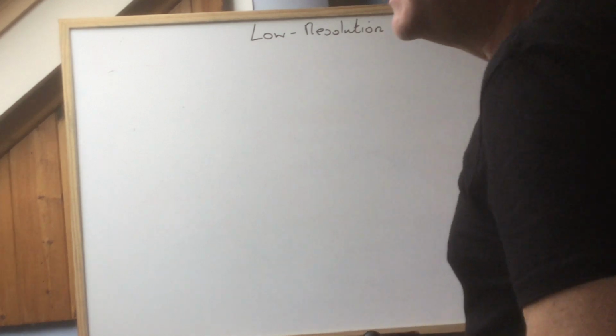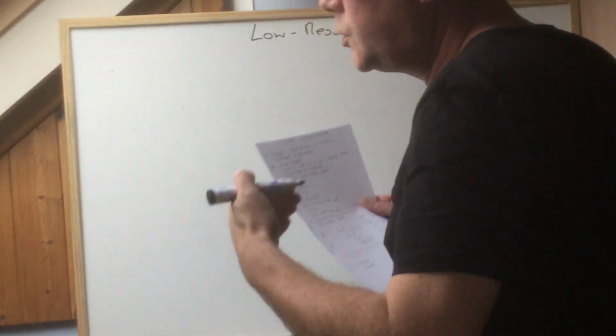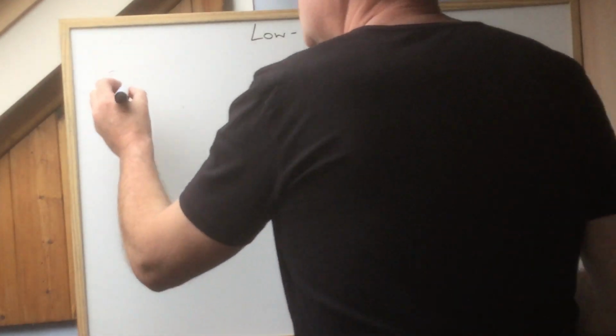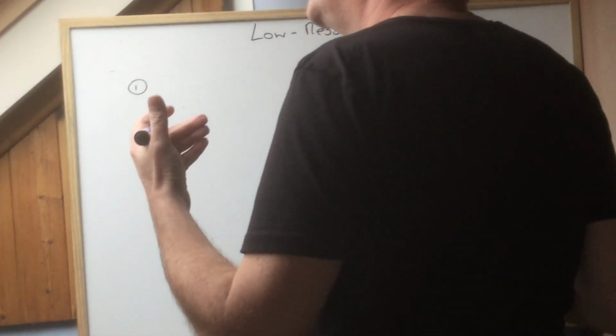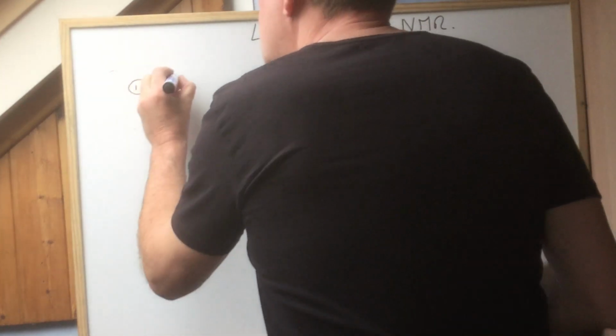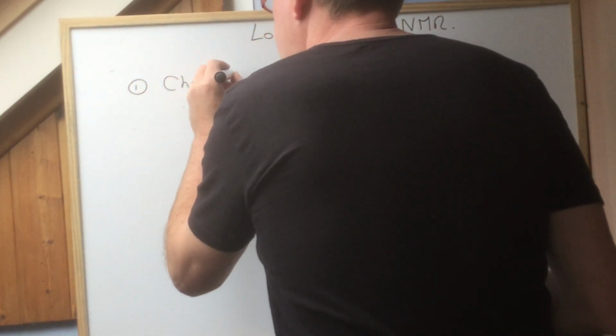Now, what's all this about? Well, low resolution, the things that produce the spectrum, the things that matter are this. Number 1, low resolution gives different chemical shifts for different environments. So you need to take into account chemical shift, which we're coming on to.